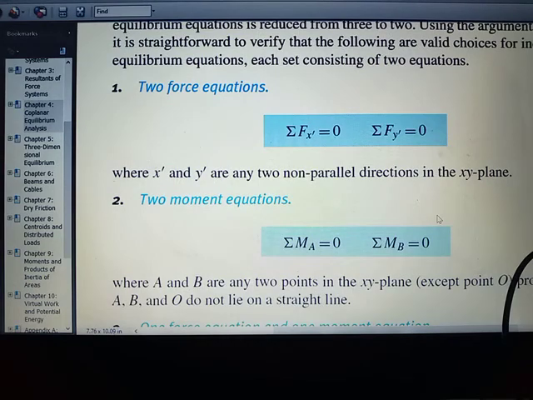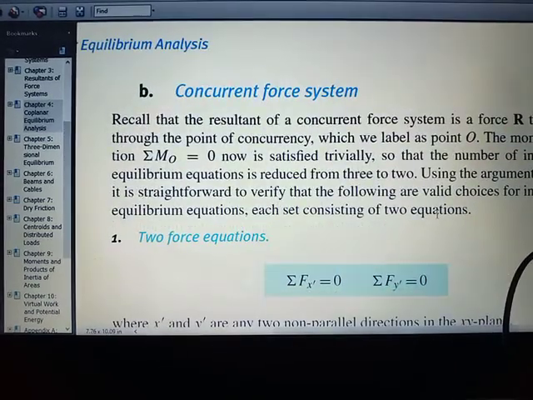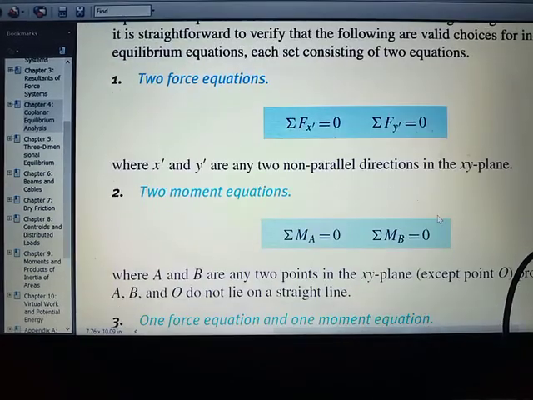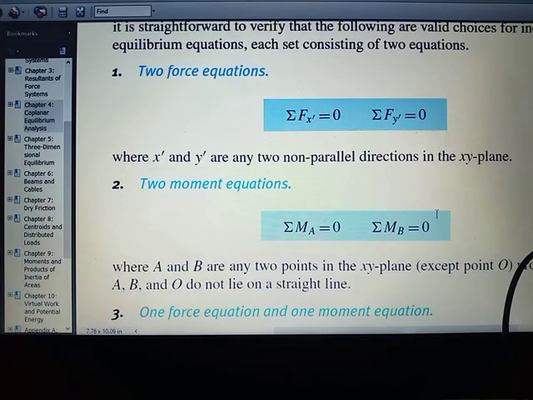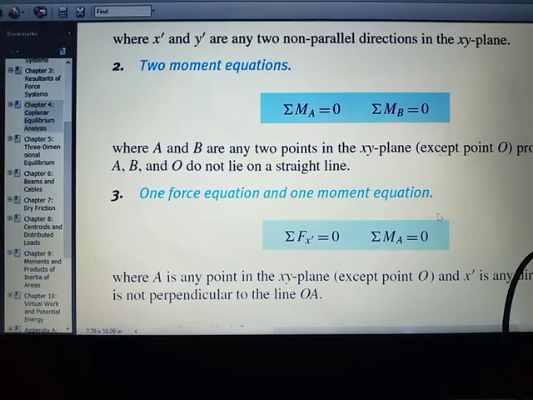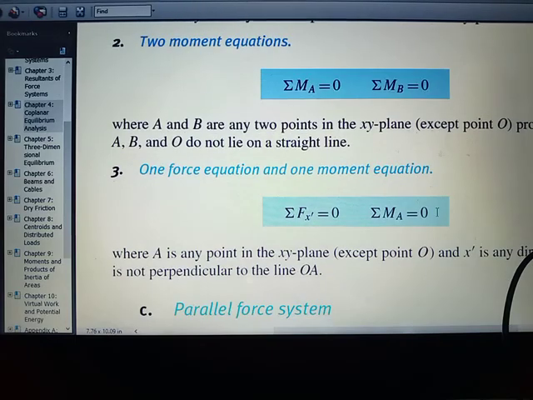So, you can have two moment equations. So, this is for concurrent force system. Pag sinabi natin concurrent force system, we have only two axes, okay? Summation of moment A and summation of moment B, okay? So, one force equation and one moment. So, pwede ring mag-sum up moments ka at a certain axis, and then mag-summation ka moment ka at a certain point.